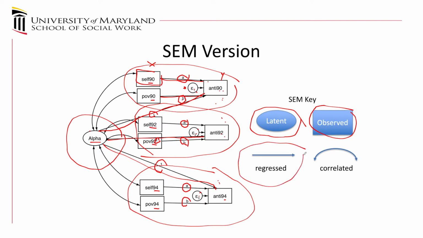The straight arrow is regressed on, and so these are just regressed, but I constrained the coefficient to be 1. What that does is it pushes the intercepts into alpha. When we talked about the alphas last class, we can construct intercepts for each of the variables by including the alpha.